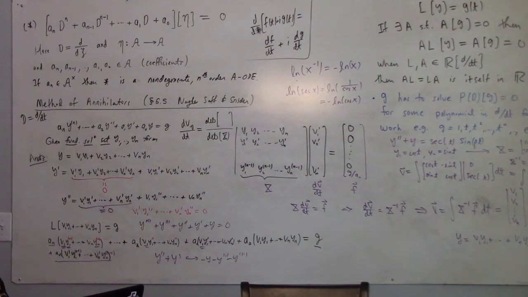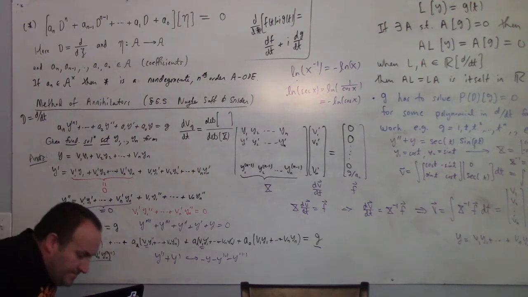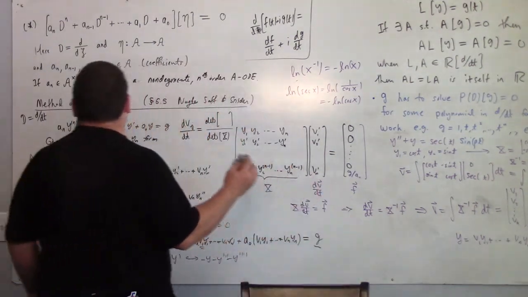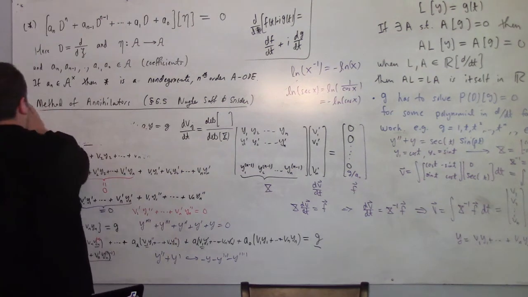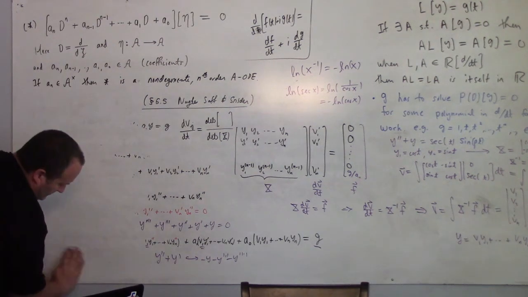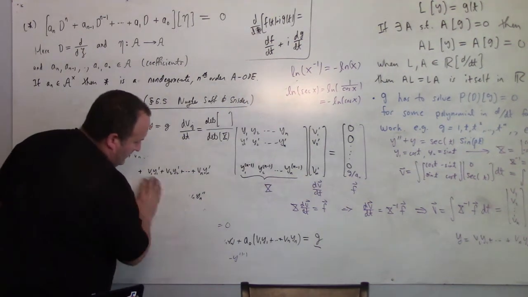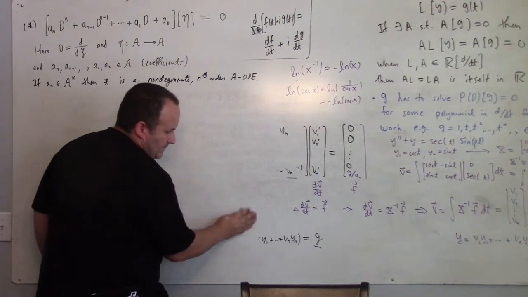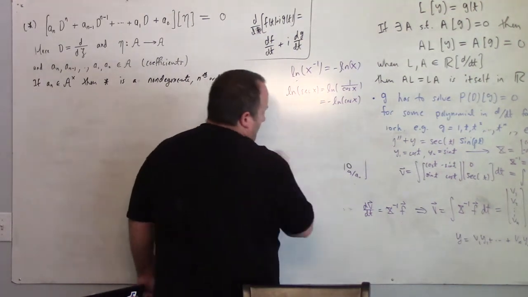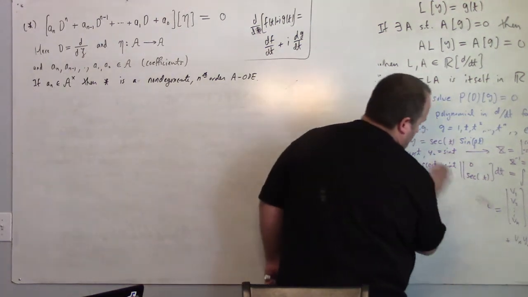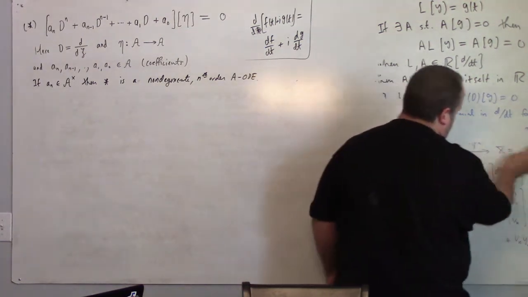What are the rules for factoring polynomials with coefficients from an algebra? Sorry, I don't know why I got us into that.